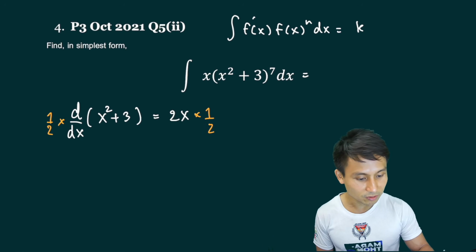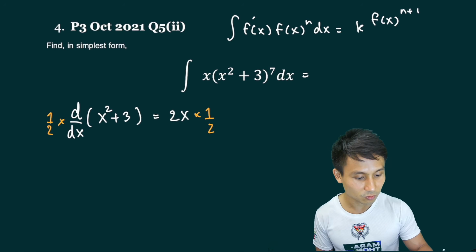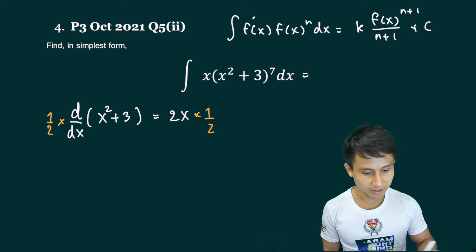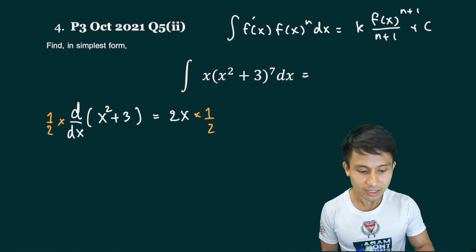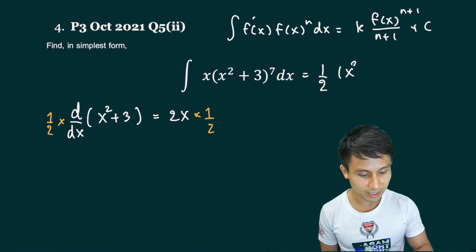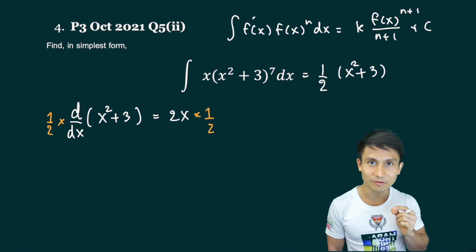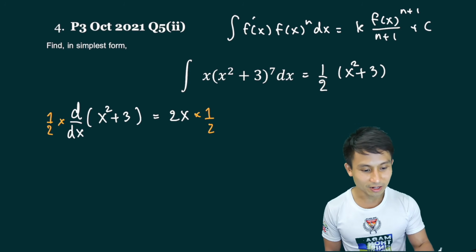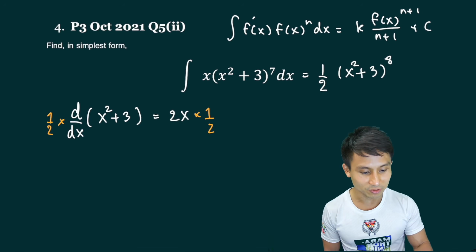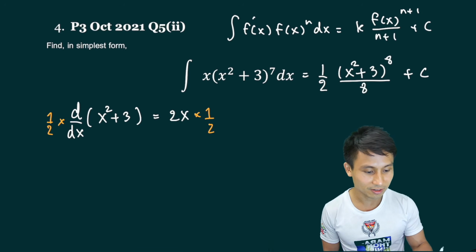So it's the correction factor, and then we have f(x) to the power of n plus 1, over n plus 1, plus c. According to that form, we get k, which we found to be 1/2, multiplied by the inner function, x squared plus 3, to the power of n, which was 7 before we integrate, now has to be 8 because of n plus 1, and divided by 8.